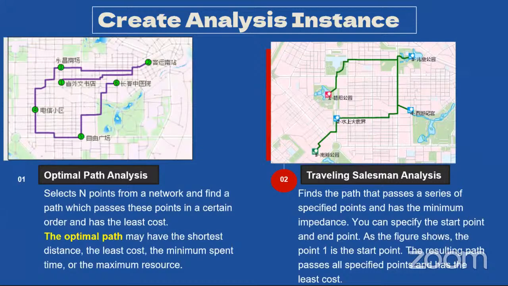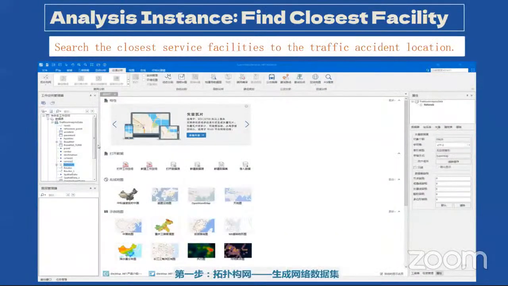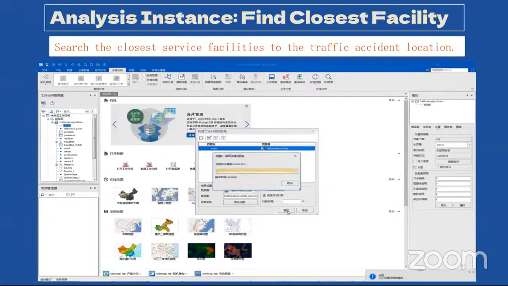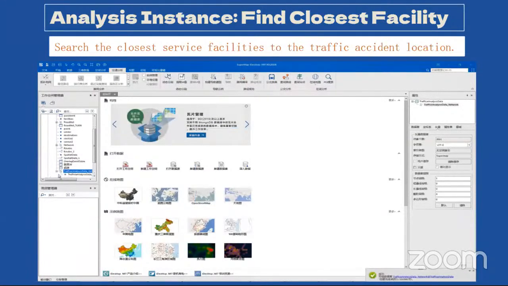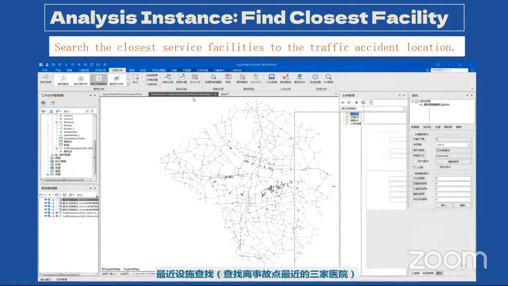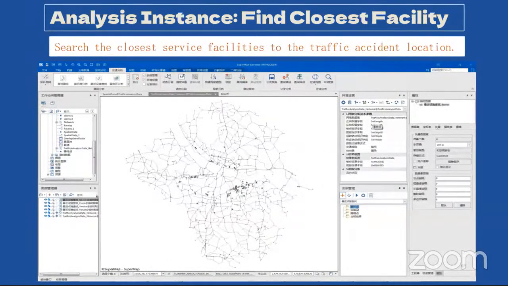So this is the example of the analysis in Stair where we will find the closest facilities. First, we click the routes and do the 2D network analysis. Then after we build the 2D network, we will find the closest facilities here.